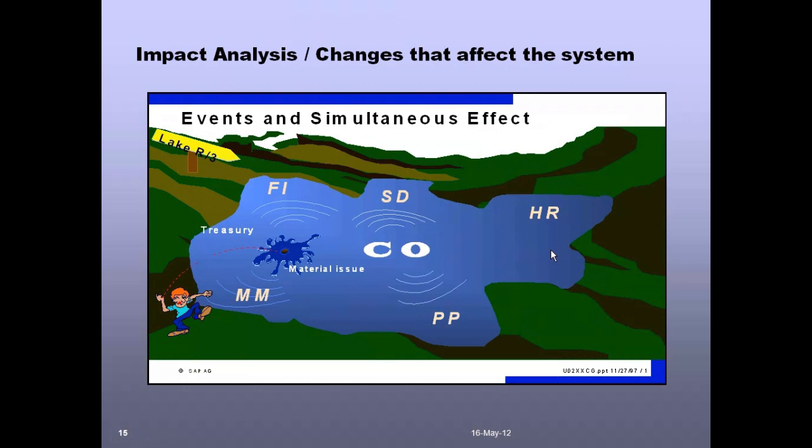Right. Then there is something called impact analysis. You see here, let's say this is just a pond of water. You assume it as a swimming pool, right? So you have got various paper boats thrown into the swimming pool. This FI, SD, MM, PM, PP, etc. are modules, and these are nothing but the paper boats.